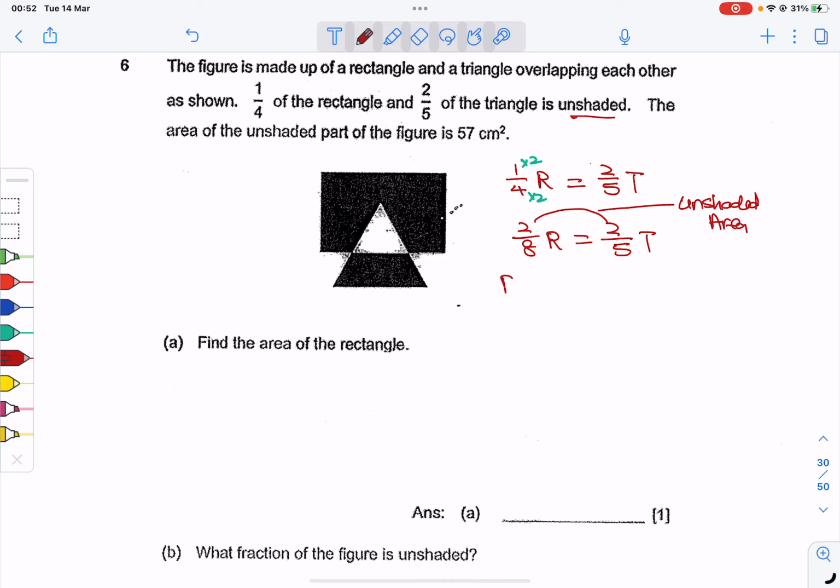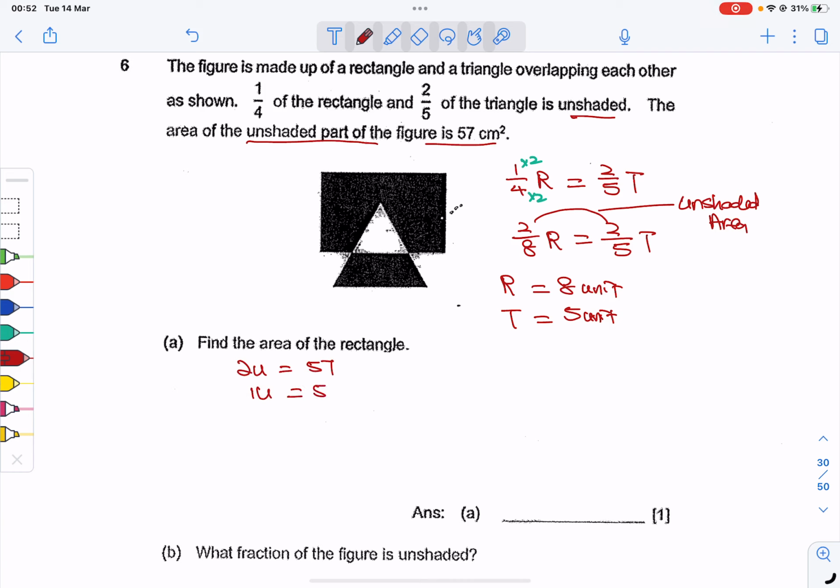And rectangle is 8 units and triangle is 5 units. So find the area of the rectangle, given that the area of the unshaded part of the figure is 57 cm square, means the 2 units unshaded is 57 cm square.